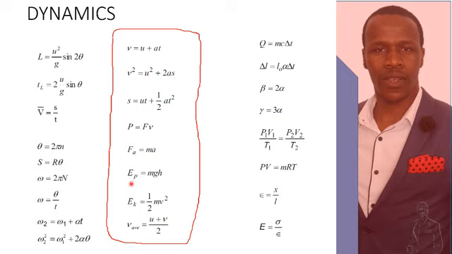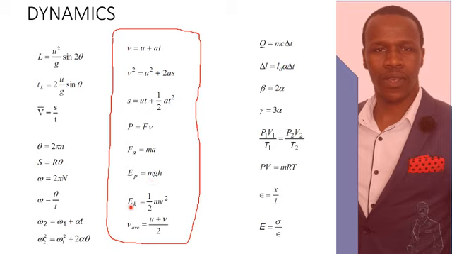Then we have our two energies. We heard from the objectives that we should know the concept of the law of conservation of energy being applied when we talk about potential energy and kinetic energy. By definition, potential energy is energy at rest when we consider the height.